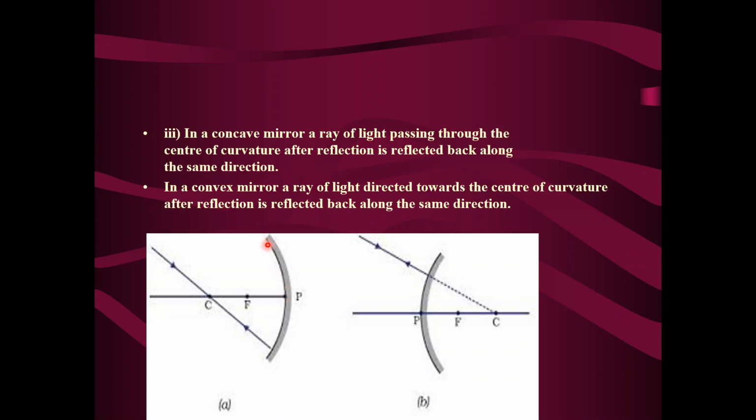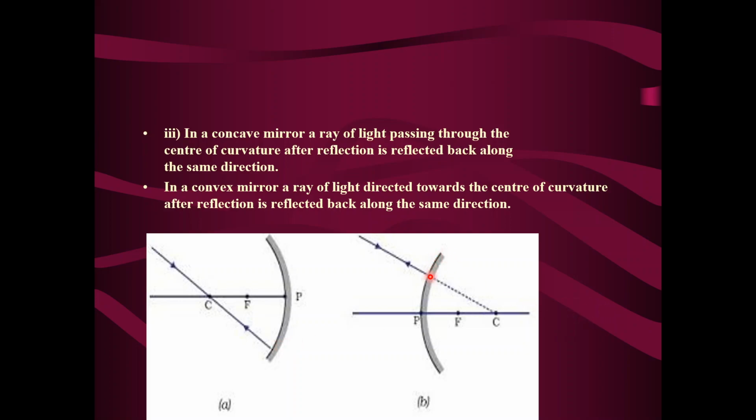At the pole, using a compass, you can make an arc. So when the light rays are passing through the center of curvature, it retraces its path. It goes back along the same path. Why? Because it is falling normally on the surface. So whenever the incident ray falls normally on the surface, it retraces its path. That is, angle of I is equal to angle of R, that is 0 degrees.